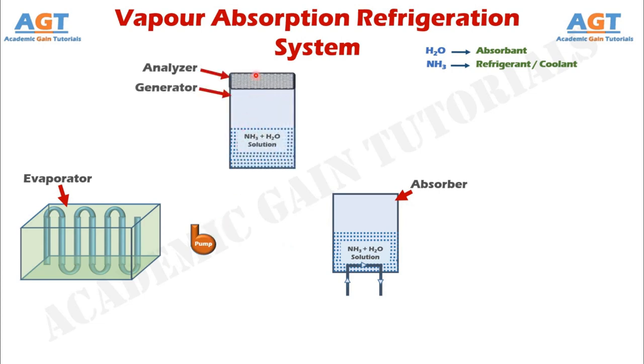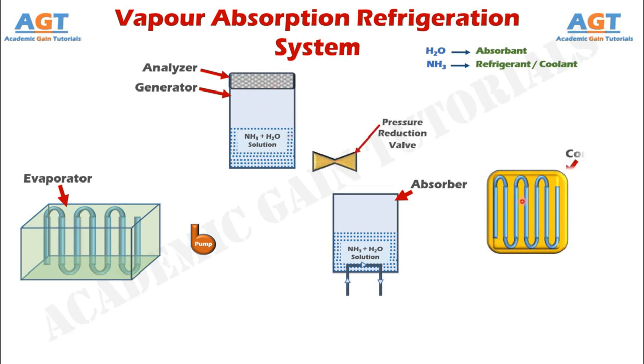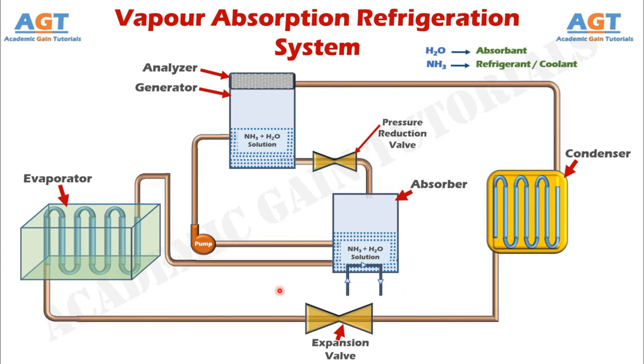There is a generator with an analyzer fitted on the top of it, a pressure reducing valve, a condenser which converts the incoming vapor refrigerant into liquid by changing its phase, and finally an expansion valve which expands the liquid refrigerant ammonia, decreases the pressure, and turns it into a cold chill low temperature low pressure liquid which will go to the evaporator. So, these major components together construct the vapor absorption refrigeration system. All these components are connected together with these connecting pipes.